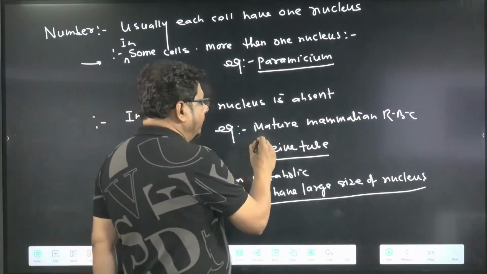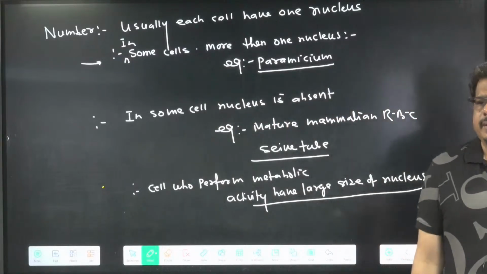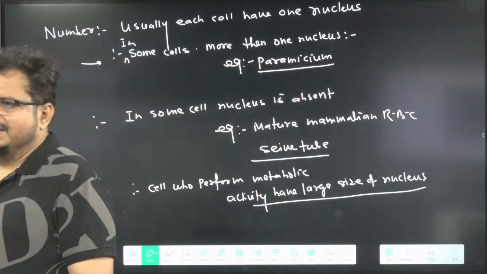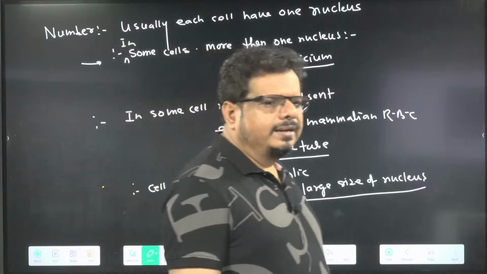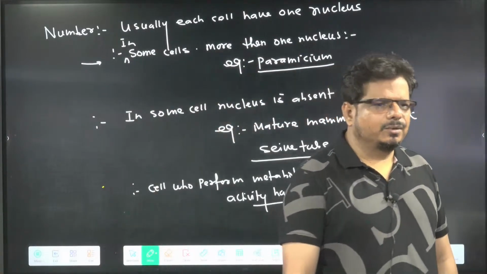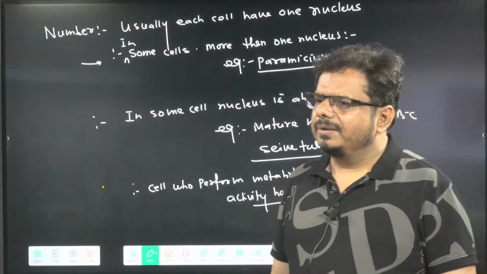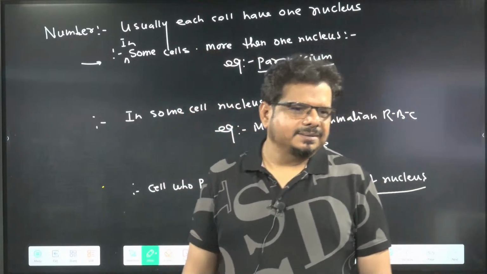The cell where nucleus is absent, will you consider it living or dead? Pin your answer. Cell where nucleus is absent, for example mature mammalian RBC, sieve tube. Will you say them living or dead? Sieve tube is dead.